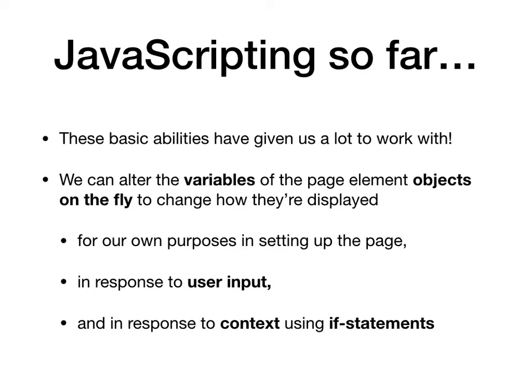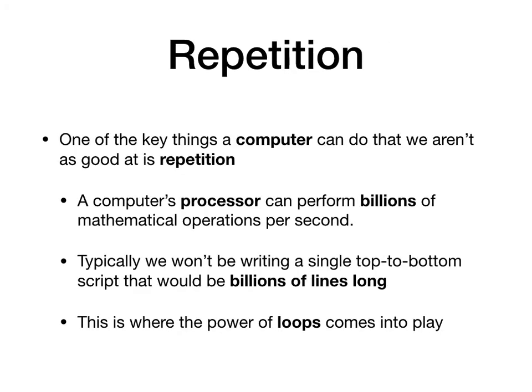Clicks things, etc. And we can also respond to different contexts. We can have our script do different things based on the current context, right? If the world is this way, do this. If this item contains this thing, do this, right? Something we haven't talked about so far, though, is repetition.